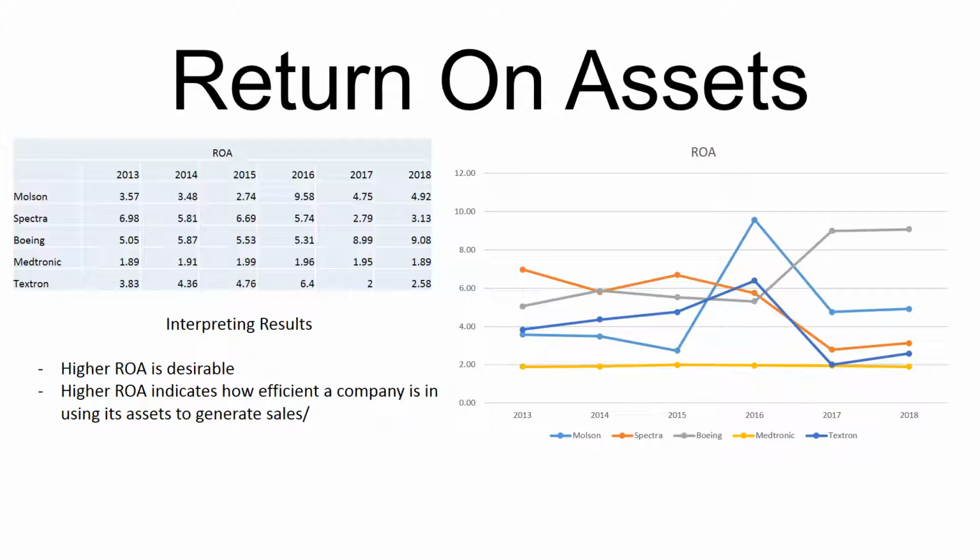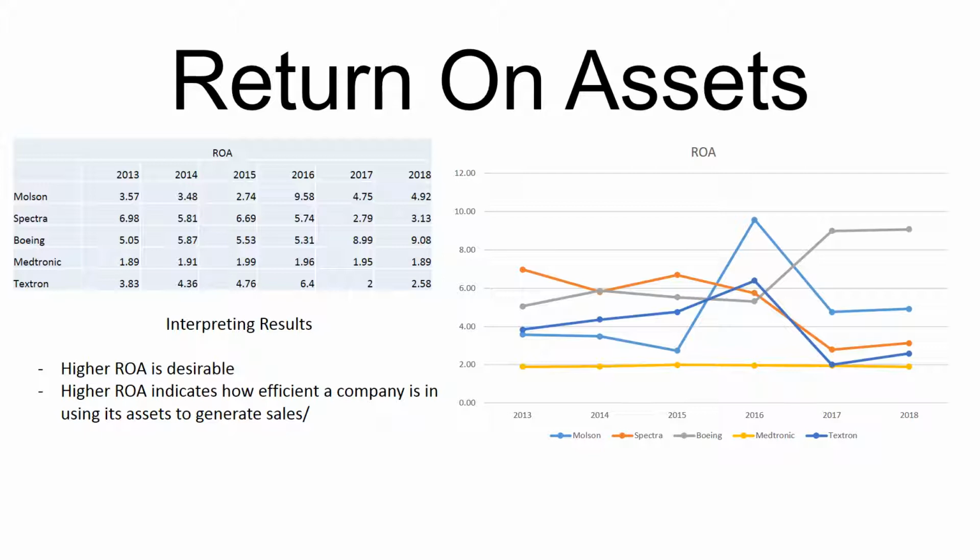We can see that it has constantly increased throughout the years. In 2013 it had an ROA of 5.05 and it increased all the way to 9.08 in 2018.